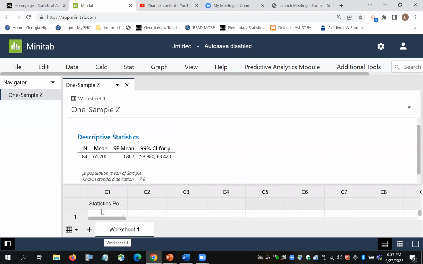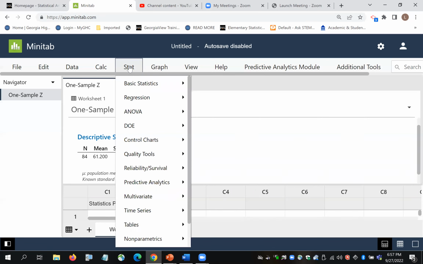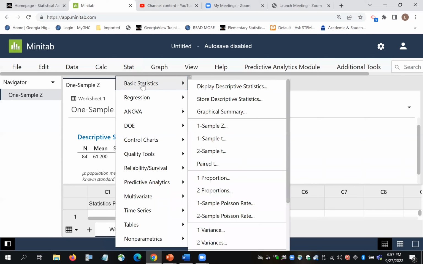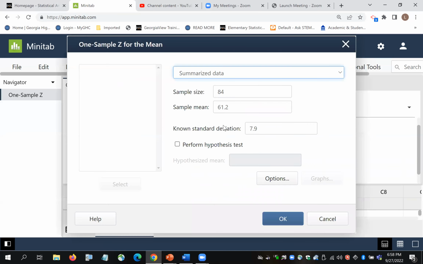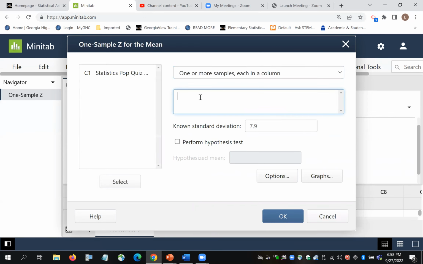We have our data in column 1. So again, we go Stat, Basic Statistics. We're again doing a 1 sample Z because we know the population standard deviation. And this time I have 1 or more samples each in a column. So my column of data is column 1.